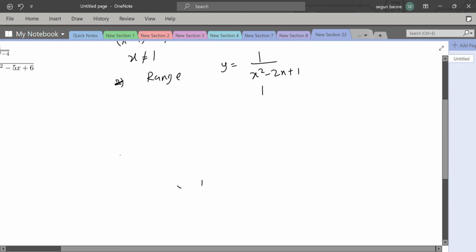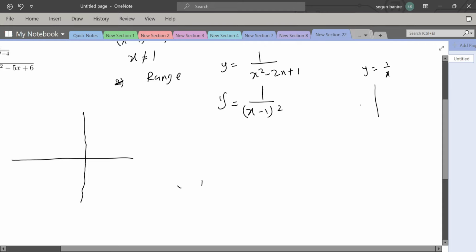Okay, so for the range, we have y is equal to 1 over (x minus 1) squared. So let's use the graph to represent this. First of all, there is the graph of y is equal to 1 over x squared.